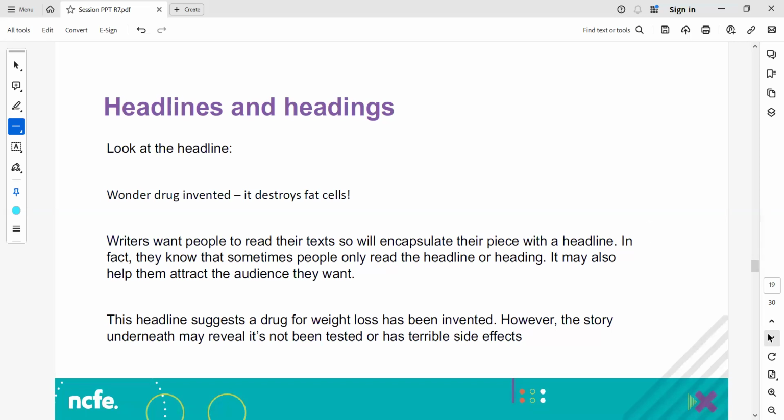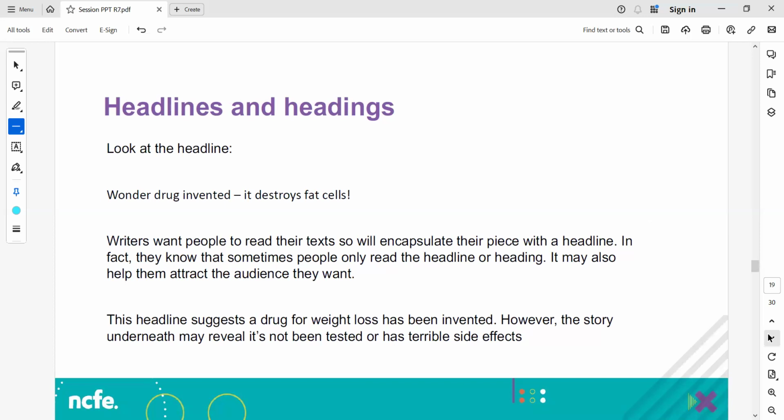So even if the article itself has a more balanced view, telling you both sides of the argument for and against this wonder drug, the headline is biased because ultimately that is what people read first. It may be the only thing they read.